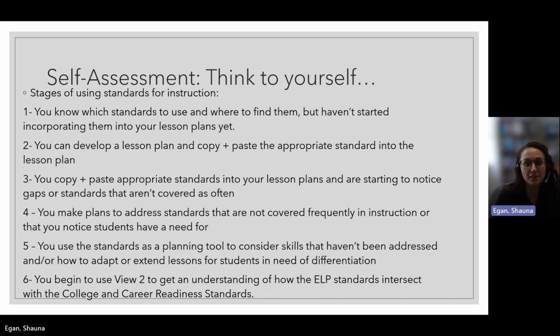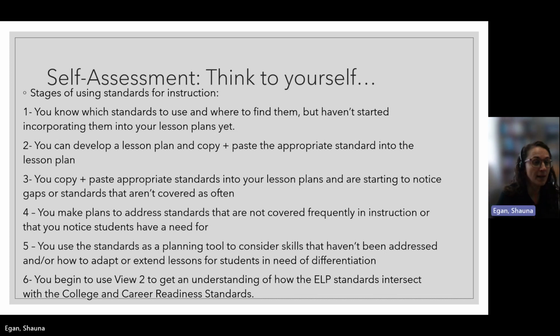But as you progress in your understanding, hopefully you can use them for advanced preparation and to help differentiate instruction for your students. So take a minute and look at the different stages of using the English language proficiency standards for instruction and think, where do you think you are?